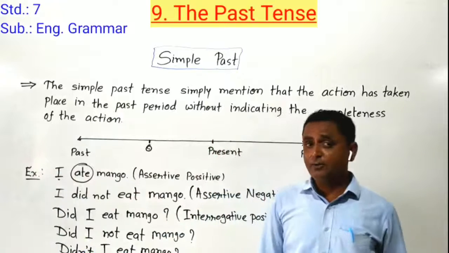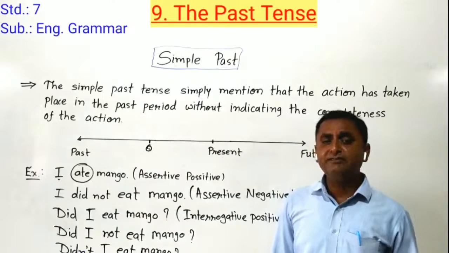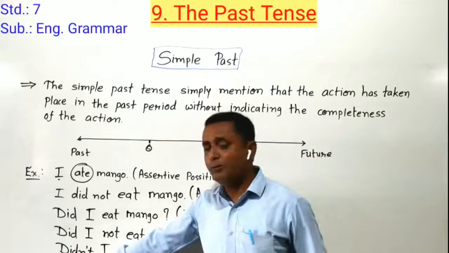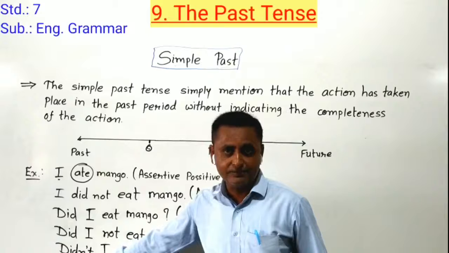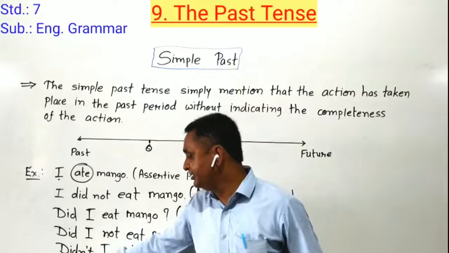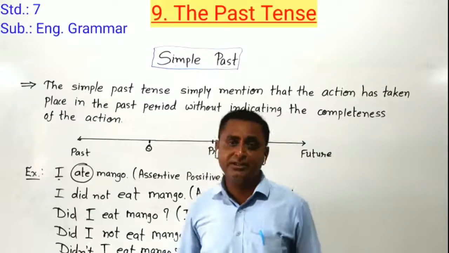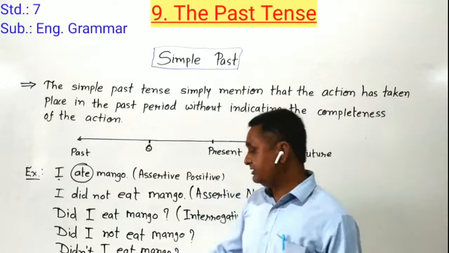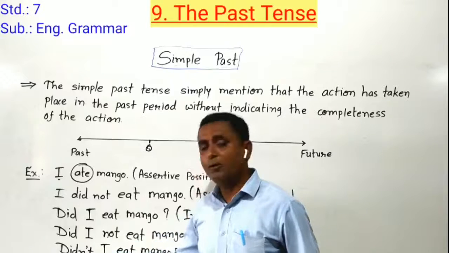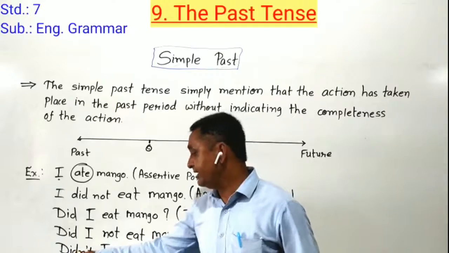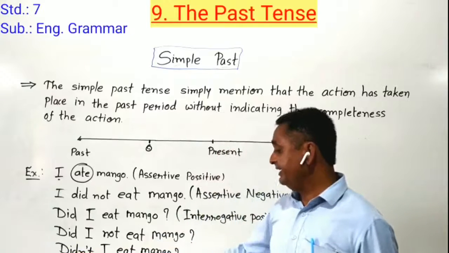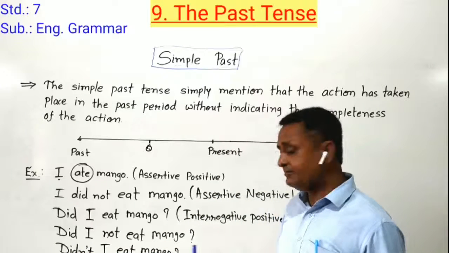In contraction mode we compulsorily write the short form of helping verb plus not. We cannot write did not I, so the sentence becomes wrong. So I write: Didn't I eat mango?